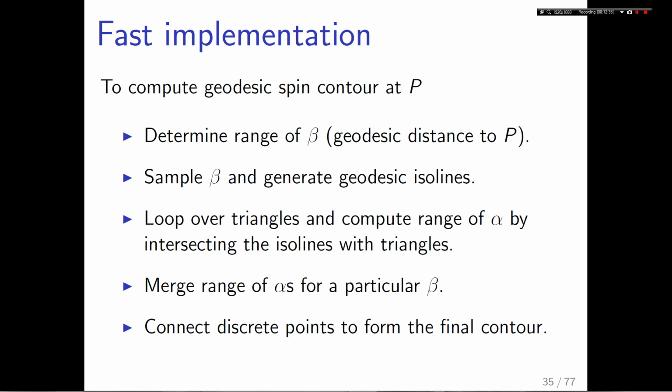Then we loop over triangles and compute intersections. So think about that. We have a particular beta, which is an isoline in the shape, and also in the image domain, it's a particular beta. We have a lot of alpha intervals. And after we compute the alpha intervals, we connect the discrete points to form the final contour.